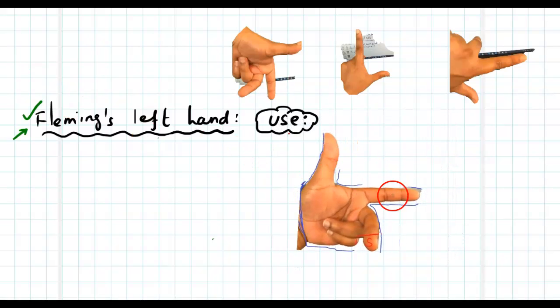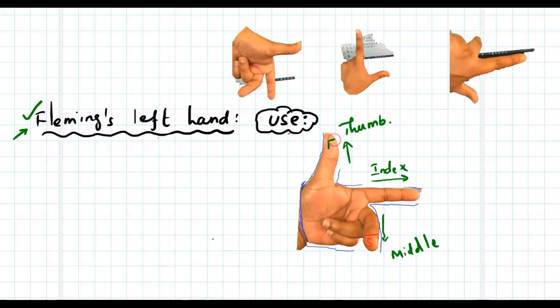Here you can see, this finger is called the index finger, and this finger is known as the middle finger, and this is the thumb. Now you are going to align these three fingers. I have a mnemonic you can learn by heart.